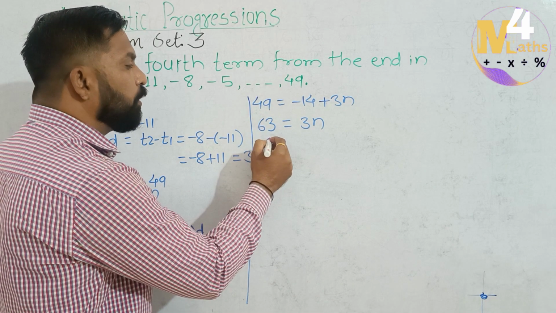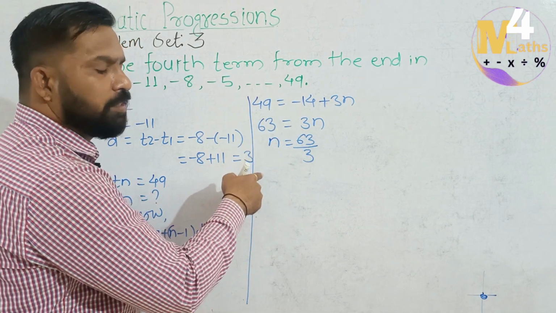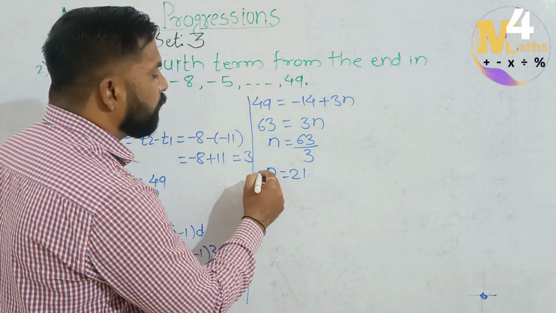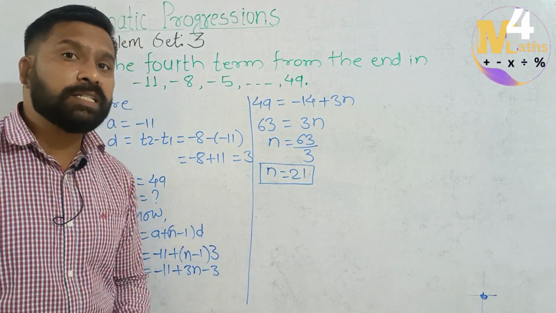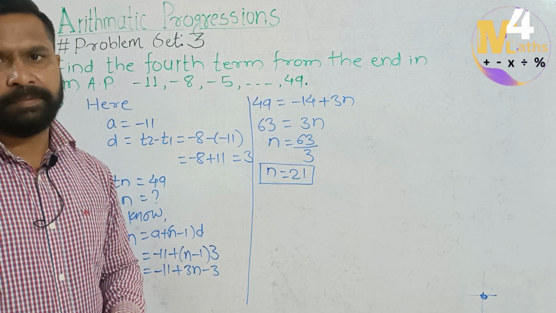What is n going to be equal to? 63 by 3. Multiplication by 3 goes into division. n is equal to 21. Means the 21st term of this arithmetic progression is 49.